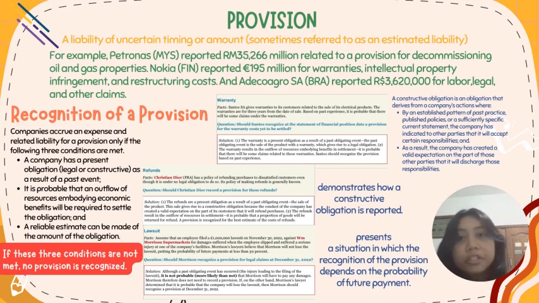Malaysia reported 35,266 million related to a provision for decommissioning oil and gas properties. Nokia reported 195 million euros for warranties, intellectual property infringement, and restructuring costs.